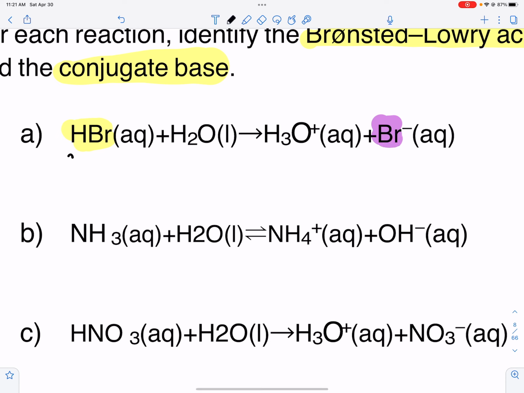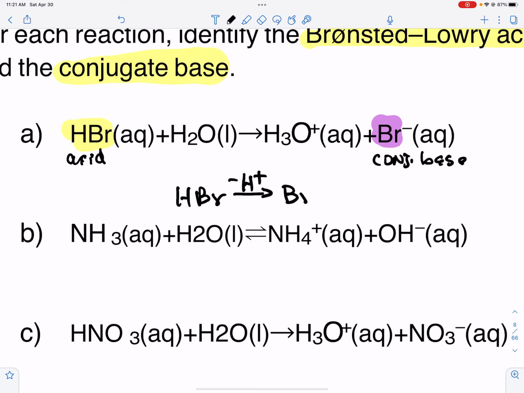So that would be my acid, and this would be my conjugate base. So the HBr as an acid lost a proton. Whatever remains is my conjugate base. That's what I just did.